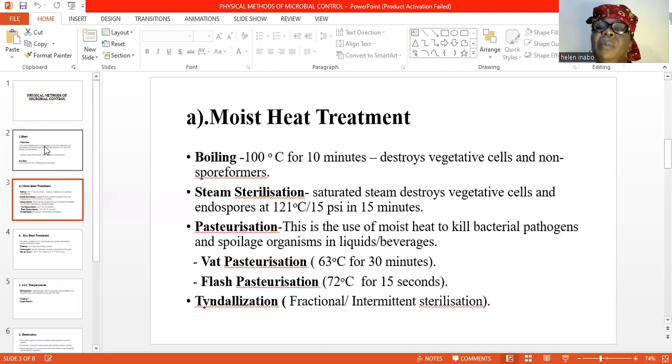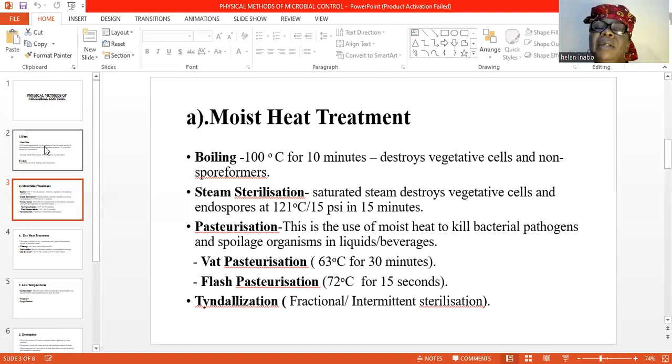Now, what is it made up of? The biological indicator consists of an ampoule or a vial of culture medium, which is used together with a strip of spores of Bacillus stearothermophilus.